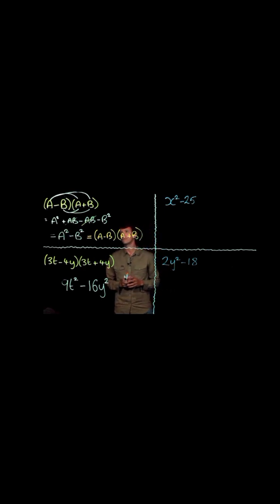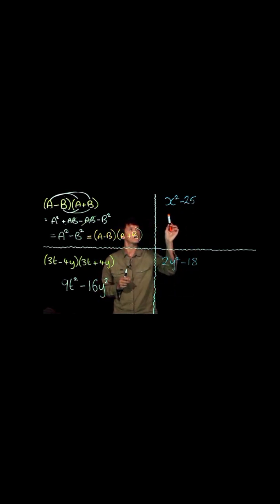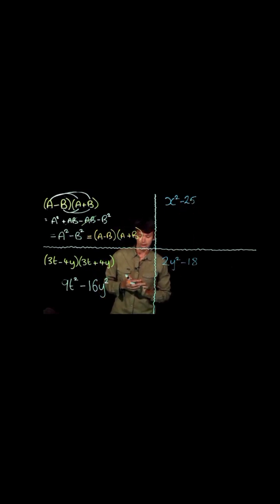Now, the other thing that you will need to do is to be able to go the other way, and you can use the difference of two squares to factorise. Let's have a look at this. This is already in the form of a squared minus b squared, because we've got two square numbers. We've got x squared. We're subtracting 25, which is 5 squared.